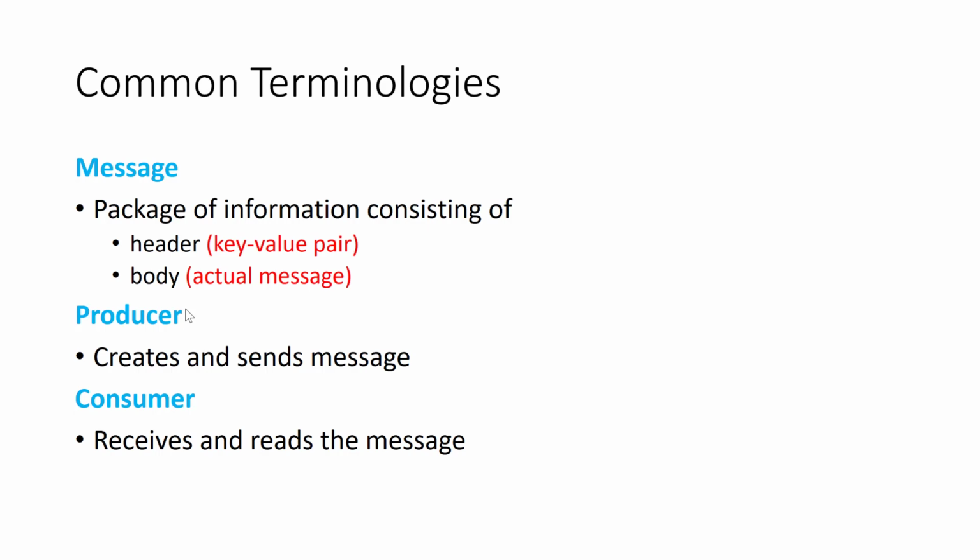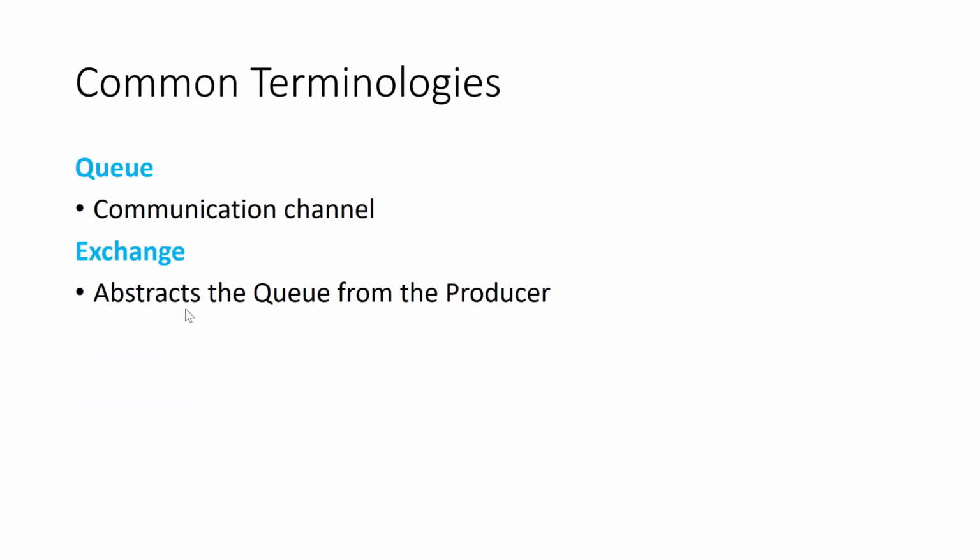The consumer or the receiver receives and reads the message. The queue is the communication channel through which the message reaches the consumer. And the exchange abstracts the queue from the producer.